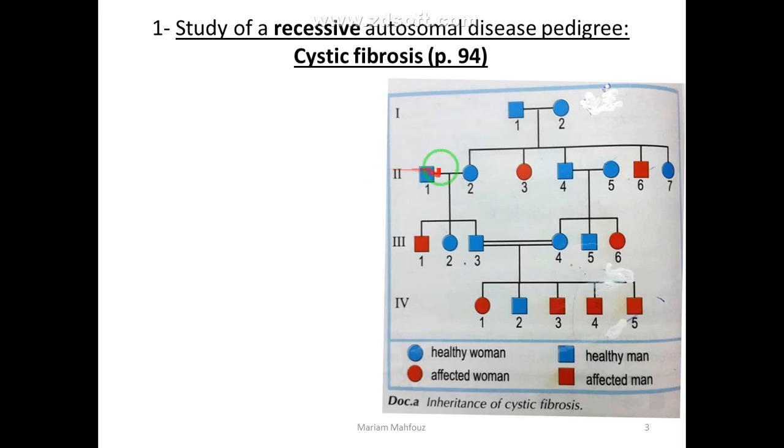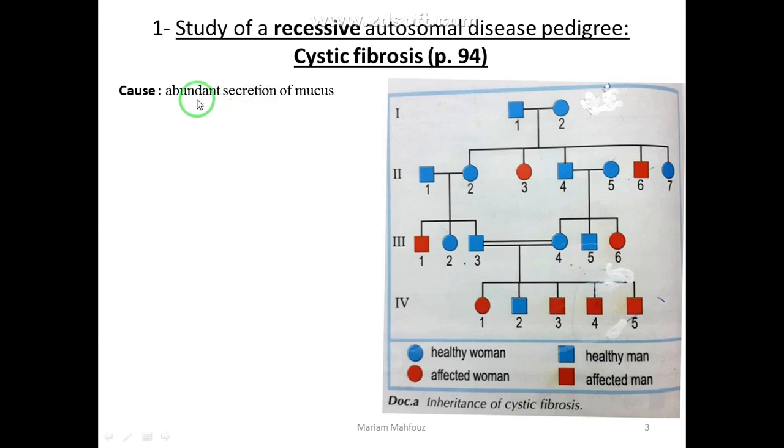As we said last time, the legend of this pedigree: the healthy woman and the healthy man are in blue, and the affected ones are in red. We have to focus on some things concerning this disease. First, the cause.